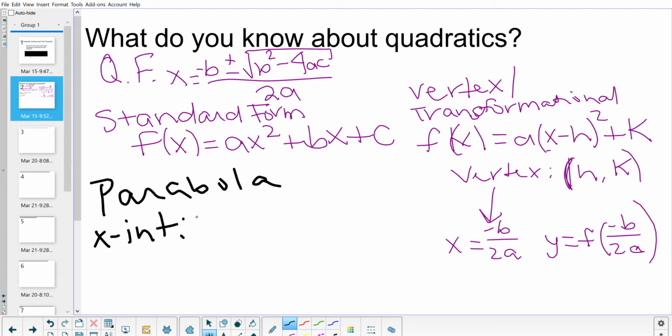They have different names. We call them solutions. They are the solutions to the quadratic. They're also called zeros. And then the last name, not used as often, they're also called roots. Okay.